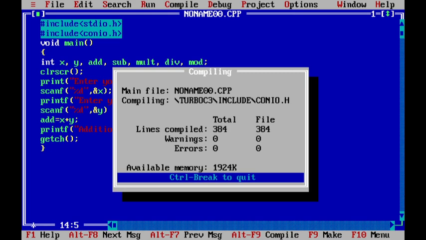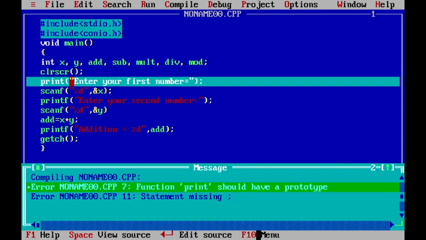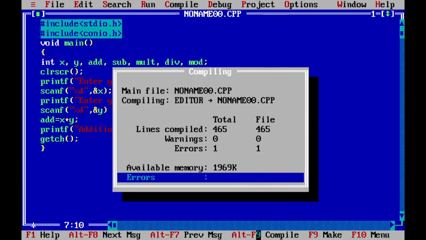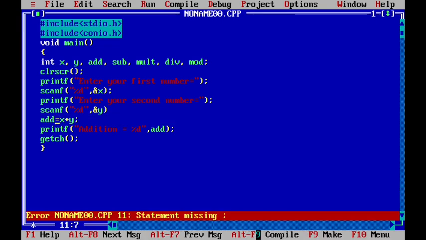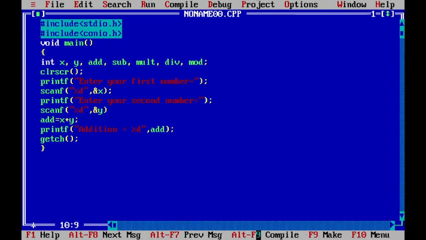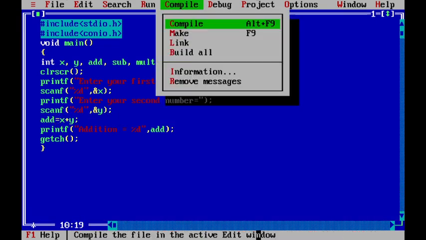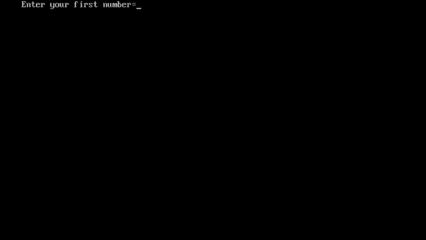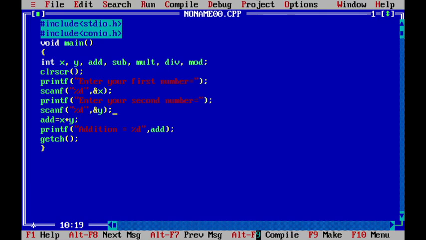If we compile, there are errors: printf is missing a semicolon in the statements. Now if we run, enter your first number 3, second number 5, and addition is equal to 8.